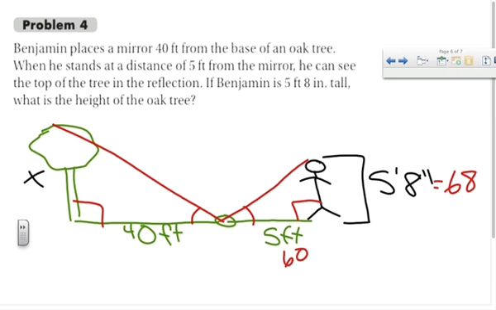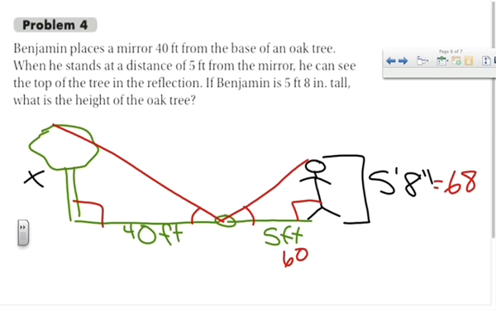Now, some of you might be thinking, why don't I convert everything into inches? And the reason is, if I leave the tree triangle in feet, and I have Benjamin's triangle in inches, because the triangles are similar, the ratios will still be the same. It'll still work out, and when we solve our proportion, everything will come out in feet, and it'll be nice and pretty.